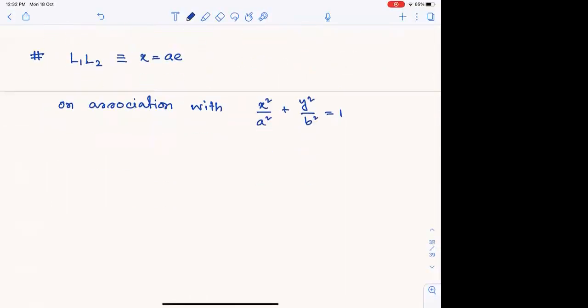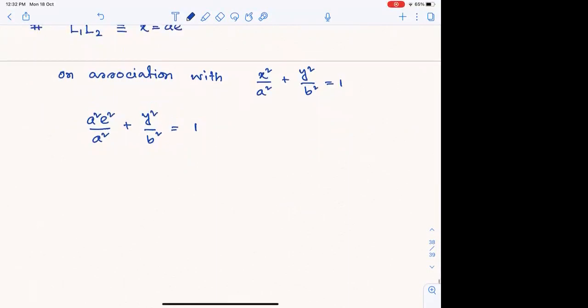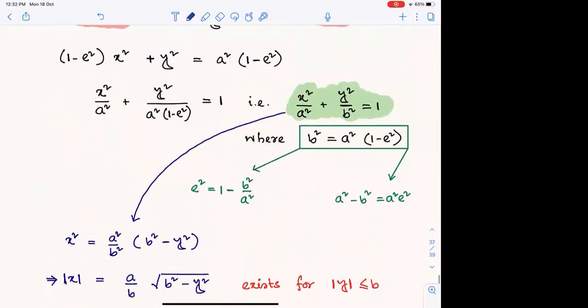We must have a squared e squared by a squared plus y squared by b squared equals 1, right? So that means y squared by b squared equals 1 minus e squared. And this 1 minus e squared can be written as b squared by a squared.